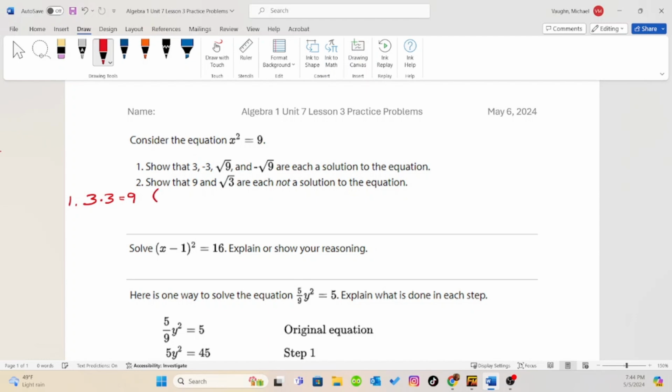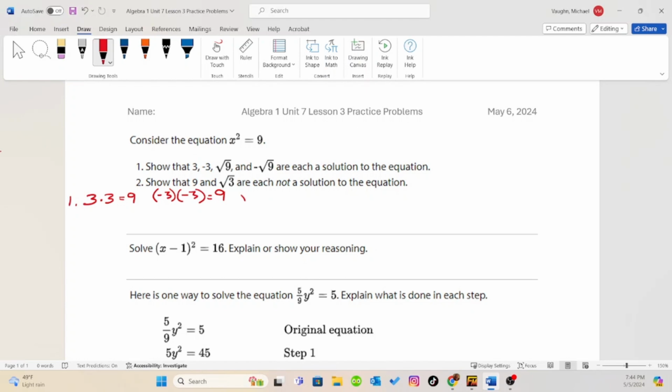If we substitute in negative 3, then we have negative 3 times negative 3. Negative times a negative is a positive, and 3 times 3 is 9. So again, our answer is 9, and negative 3 is a solution.